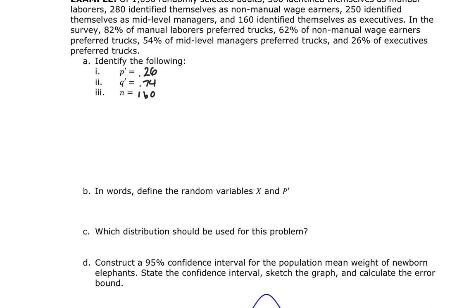In words, what is my random variable x? Well, x would be the number of successes where the executive prefers a truck, where p prime would be the percentage of executives in the sample who prefer trucks.